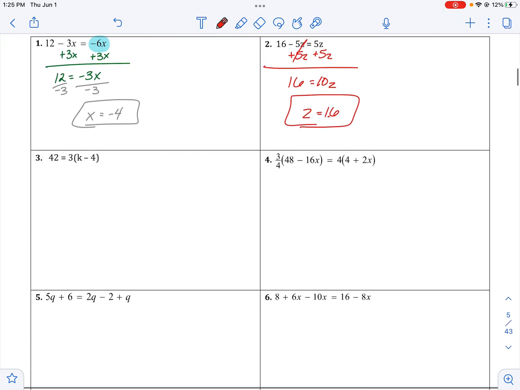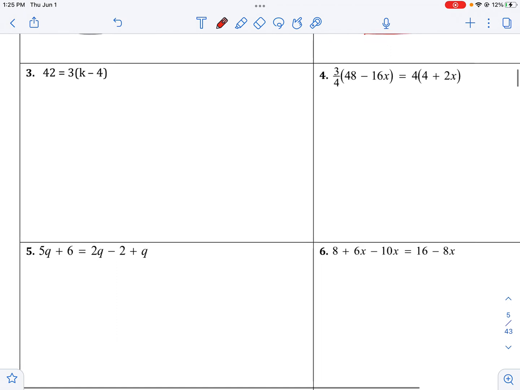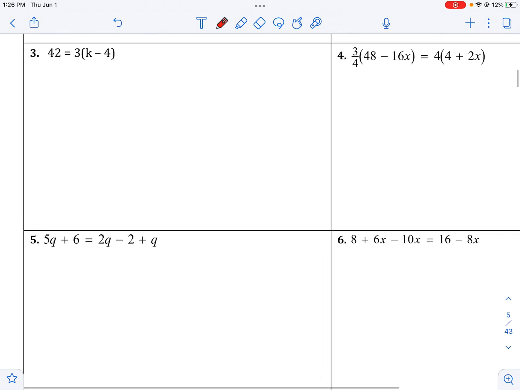Now on 3 and 4, I've got some parentheses. So let me simplify that real quick. I'm going to multiply 3/4 by both of these parts here. I'll multiply 4 by both parts on the right side. And on number 3, I'll distribute that 3 to both parts.